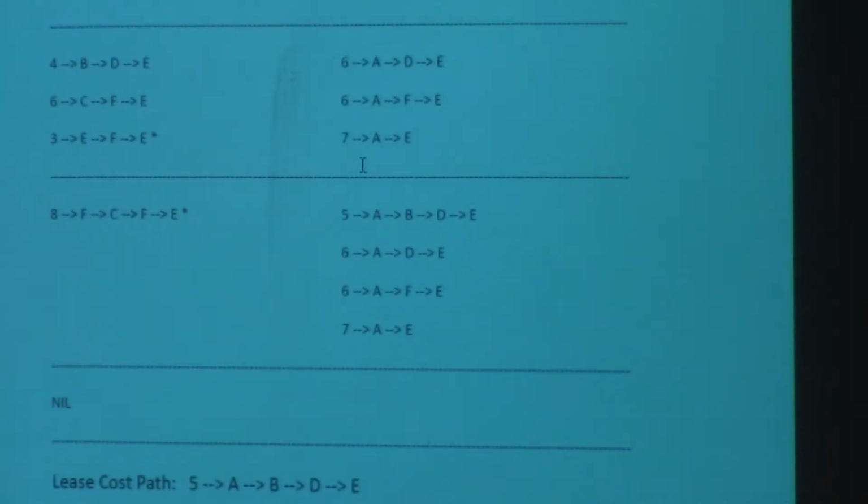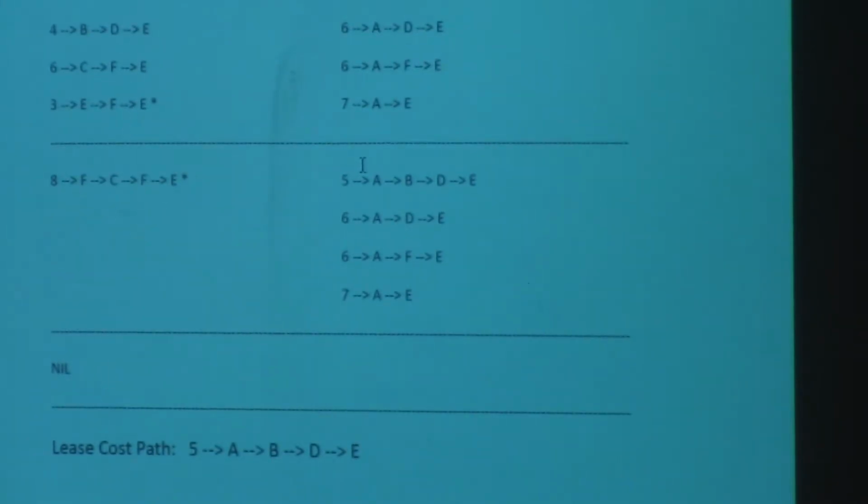So again, this is the algorithm. Initially, the possible path list is our left-hand column, and this is our right-hand column. This is going to be based upon our graph. We want to go from A to E, right?